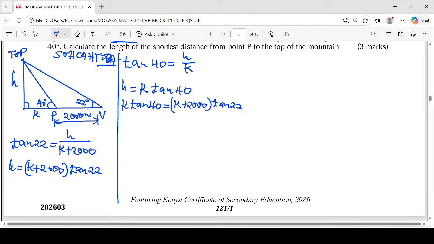And when we are at this particular point, what are we going to do? Let us see. So what is tan 40? Tan 40 is 0.8391.